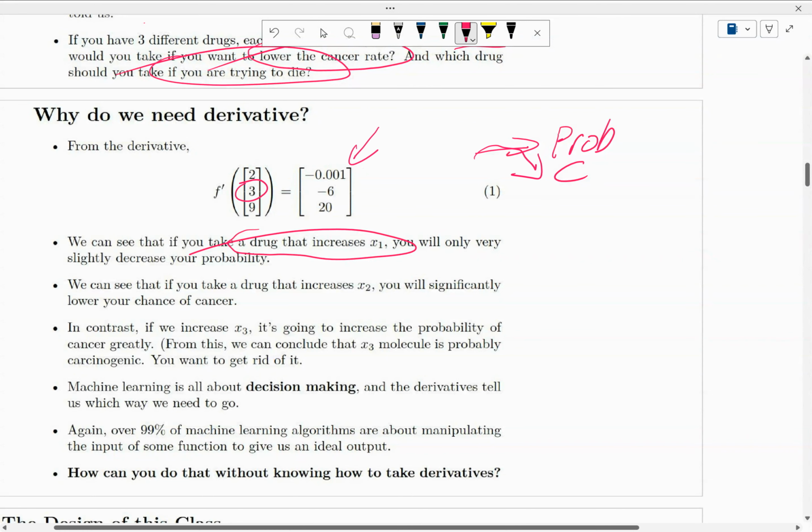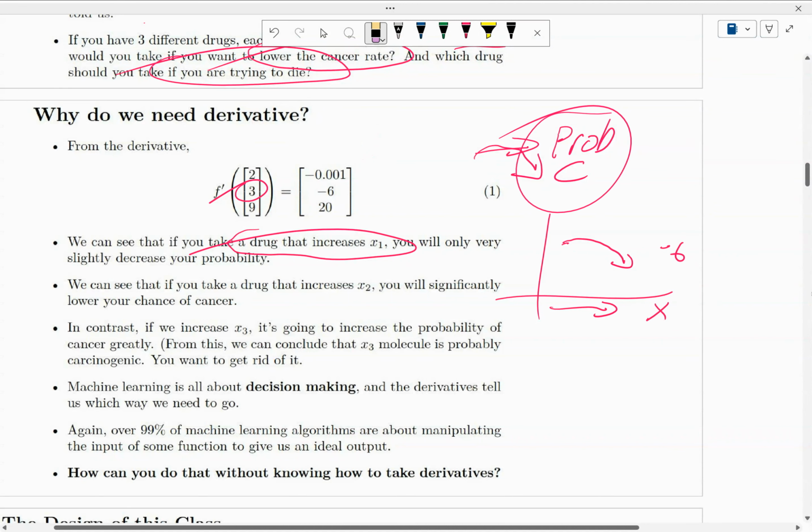However, if you were to increase the second factor, it's going to have a negative effect, -6, so it's going to go down by 6. This is going to decrease your probability. And the third one is, at your given point, if you were to increase X, it's going to shoot up the probability by a lot, like 20.